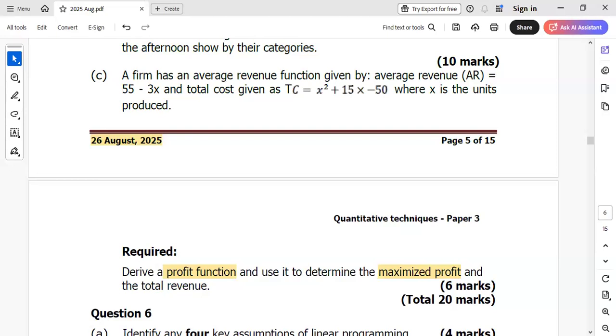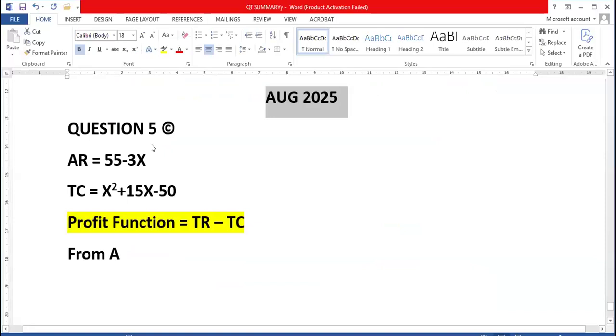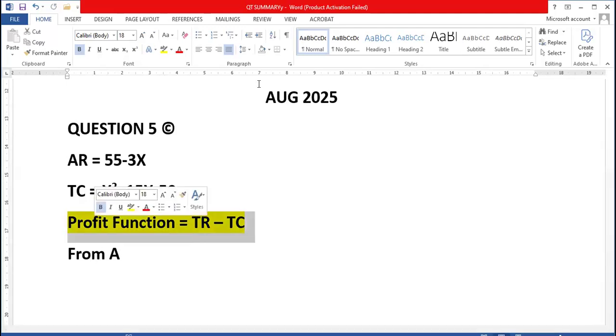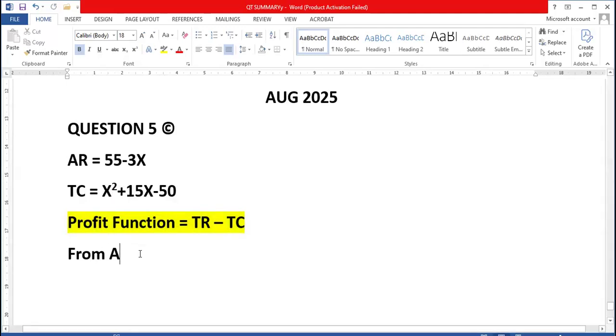We are doing August 2025, and the examiner had given us the average revenue function and the total cost function, and he told us to derive a profit function. For you to get a profit function, you get total revenue minus total cost.